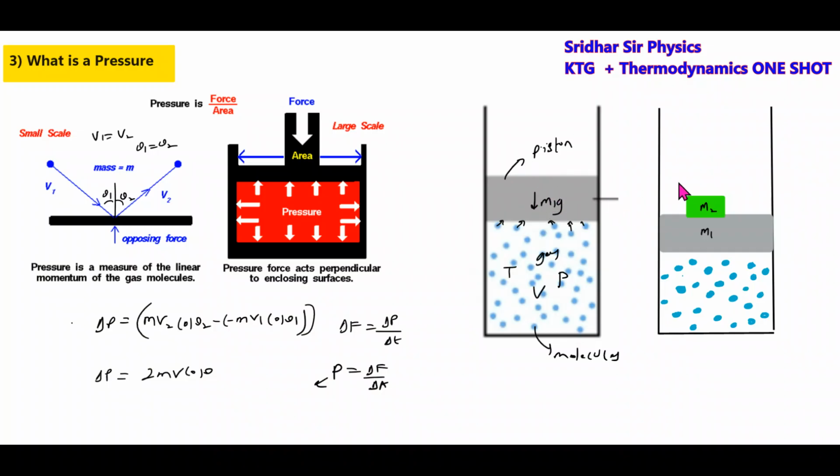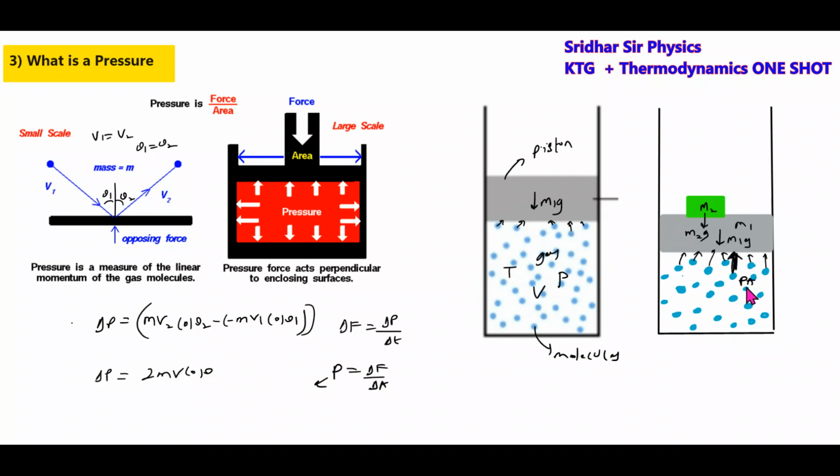Okay, fine. Now I'll add some load on the piston. Then the weight of the piston and the weight of the block, who will balance this? The molecules which are going and colliding. So they'll go and collide here like this. They'll exert a force. The net force is what?